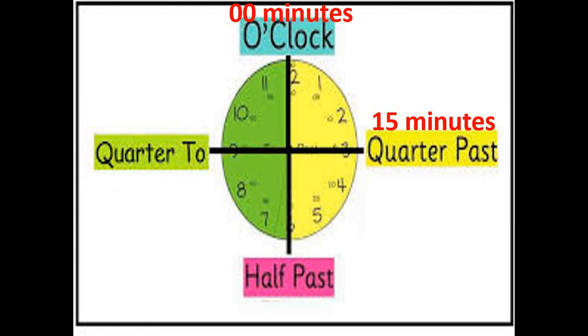When the long hand points at 6, in the analog, we say half past the hour, and in digital it means 30 minutes past. When the long hand points at 9, in the analog it's quarter to, and it means that 45 minutes passed.